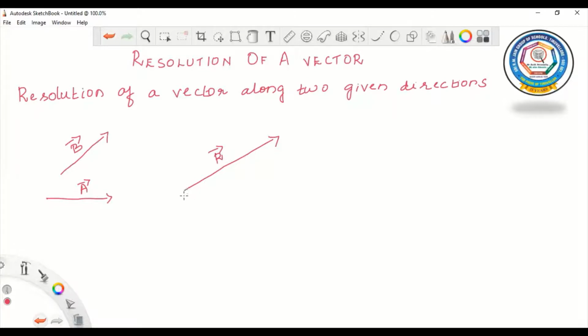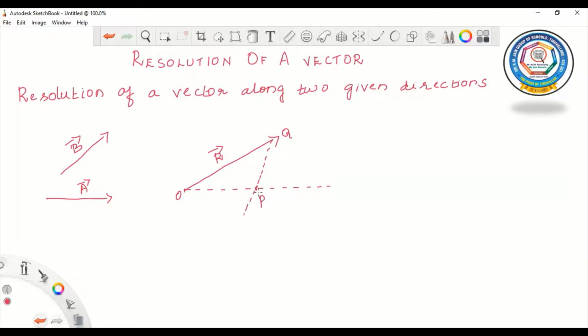Let us consider this point will be taken as O and this will be Q. So this OQ represents vector R. Through O and Q, we are going to draw lines parallel to the vectors A and B. So this is a line which is parallel to A vector, and this line which is drawn parallel to B vector, and here is the point of intersection.